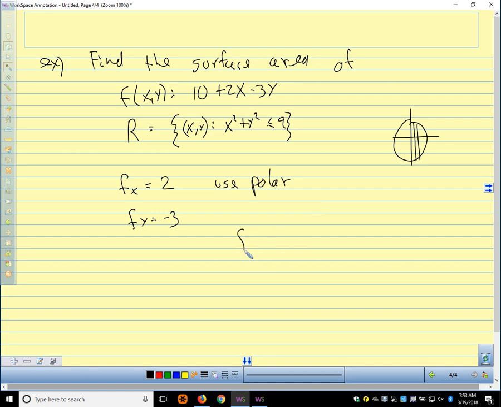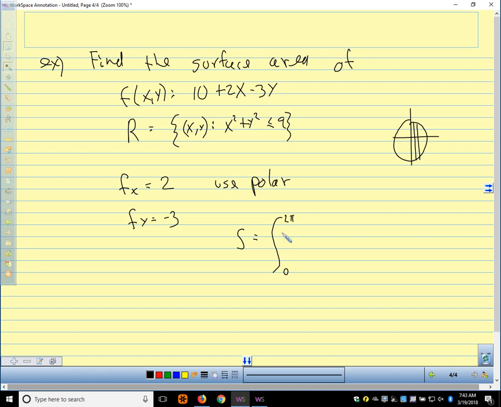So our surface area is going to be the integral from theta goes from 0 to 2 pi. Can we just divide this by 4 and go from 0 to pi over 2 and multiply by 4? Are you sure? It depends on how the plane is intersecting the cylinder.